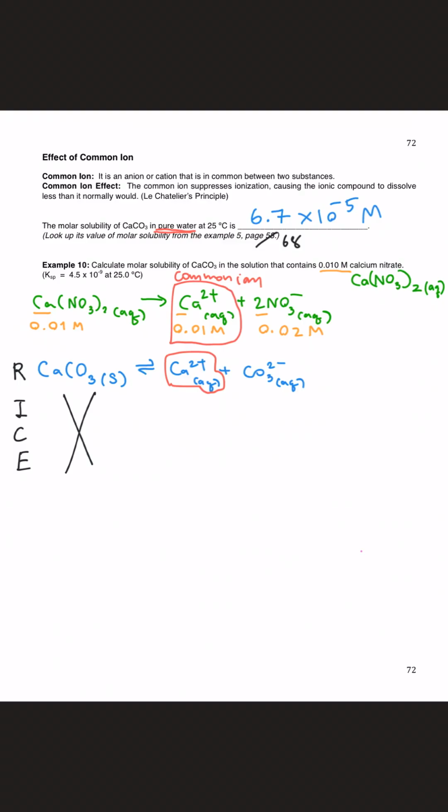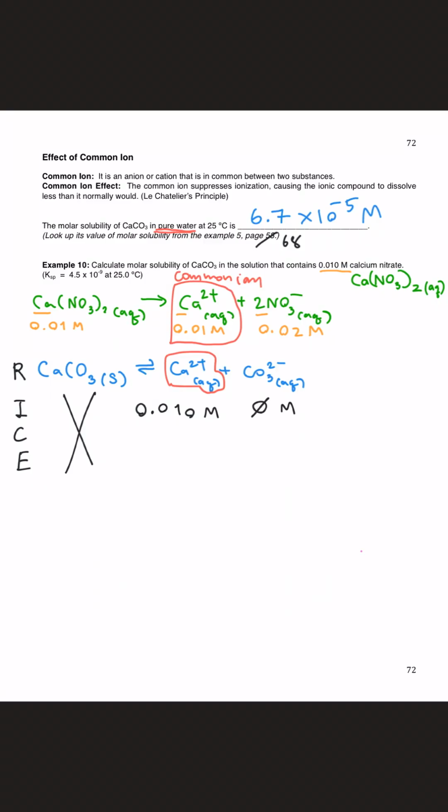However, this calcium carbonate is dissolved in a solution that contains calcium nitrate, which means that the common ion is already present in the solution. Therefore, the initial concentration of calcium ion would be 0.01 mole per liter. And because there is no common ion for carbonate ion, the concentration of the carbonate would be 0 molar.